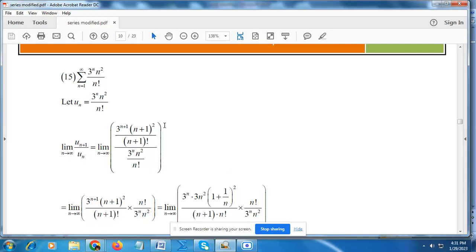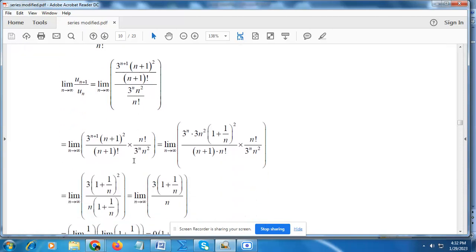Go for another question. Sigma 3 power n into n square by n factorial. Here un is equal to 3 power n into n square by n factorial. Again calculate limit un plus 1 by un as n tends to infinity. Simply replace n with n plus 1: 3 power n plus 1, n plus 1 whole square by n plus 1 factorial, divided by un, which is 3 power n into n square by n factorial.